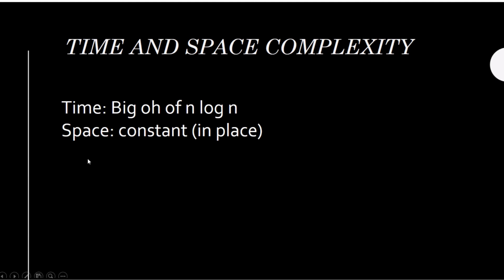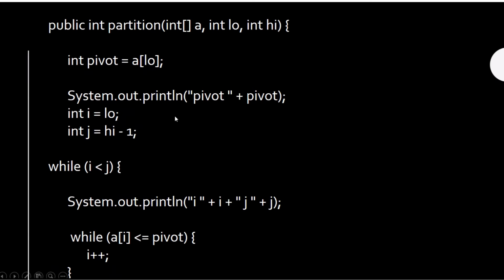And since we are iterating through the entire array with our while loop, going from 0 to the length of the array, this is going to run in n times whatever our partition procedure gives us.